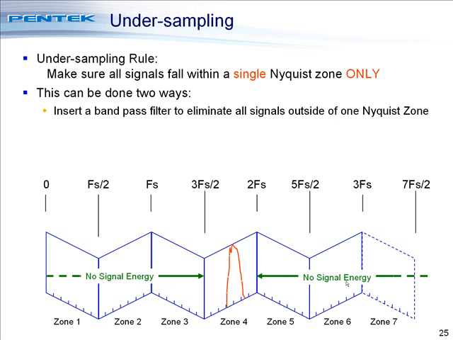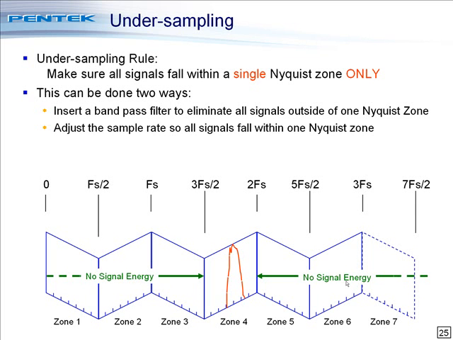You can insert a bandpass filter to eliminate all signals outside of the one Nyquist zone your signal is in. This is often done by an IF filter, for example, in a communications receiver. The bandpass filter is actually part of the receiver, and this is an extremely popular use for undersampling.